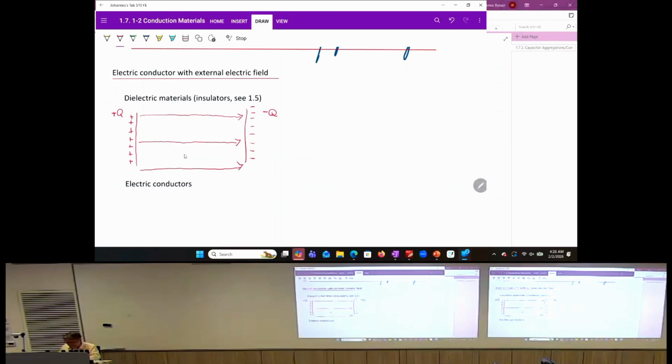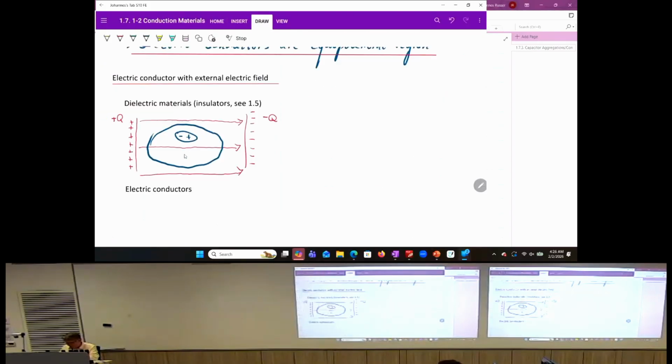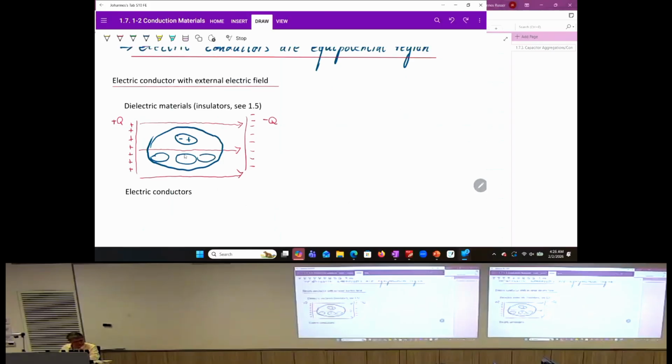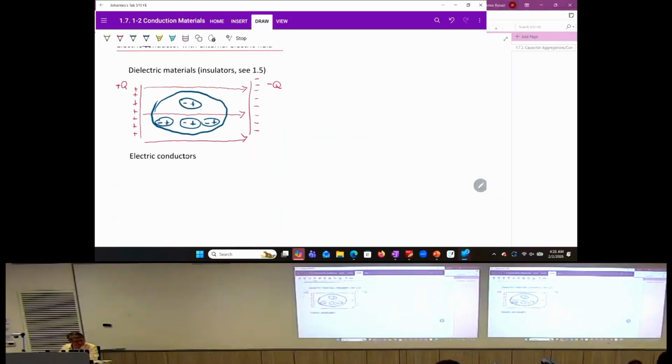And if you put some dielectric material into this electric field, you have basically some small dipoles in this material, and they will align such that they counteract the external electric field. As a consequence, you get a polarization field, oriented in the different direction to the electric field.